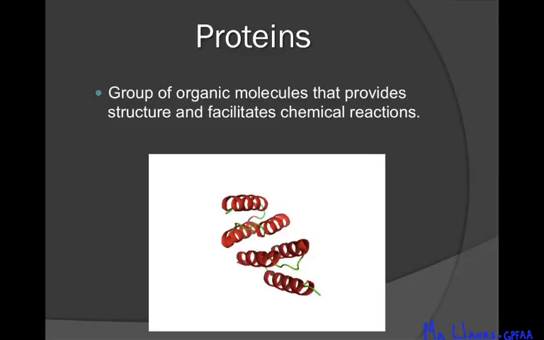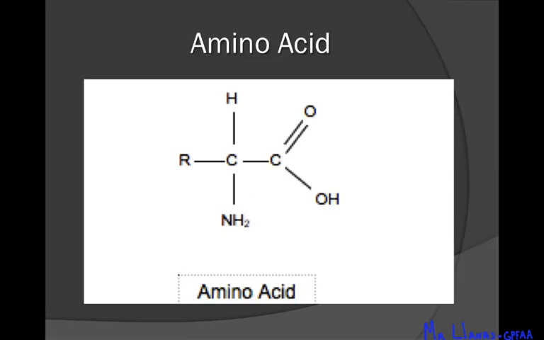Proteins are just molecules that provide structure, and they allow all the chemical reactions to happen inside of our bodies. We talked about proteins being enzymes and helping us in speeding up all the reactions that we need. Their monomers, or the small units that make proteins, are amino acids, and we're very familiar with that, especially after going over protein synthesis.